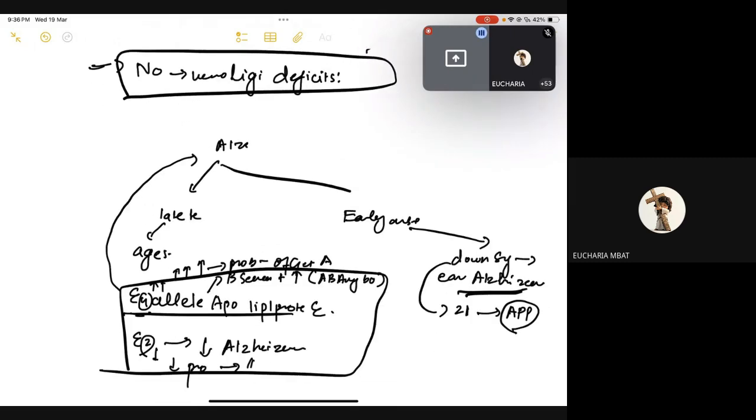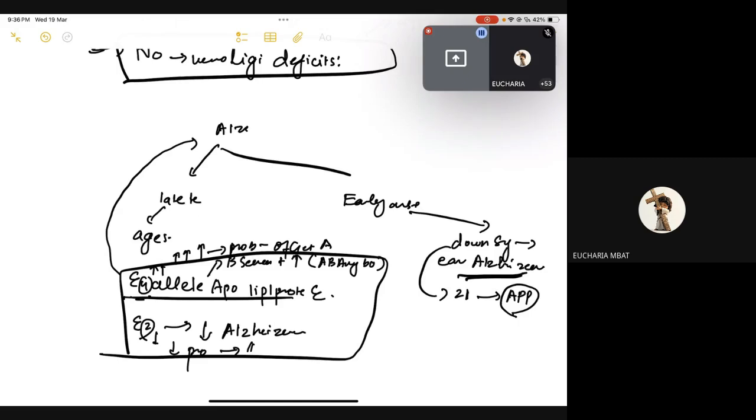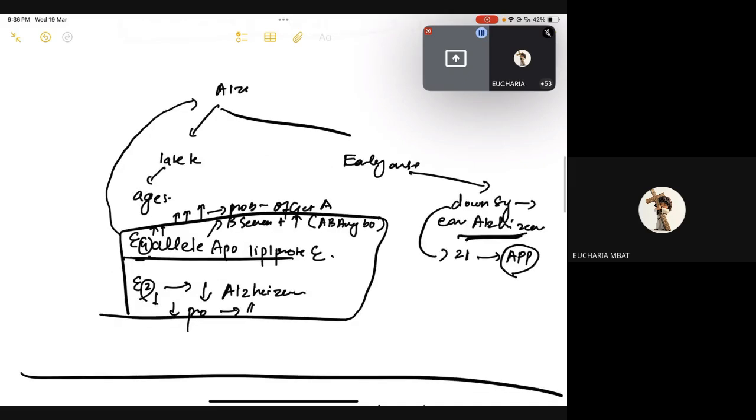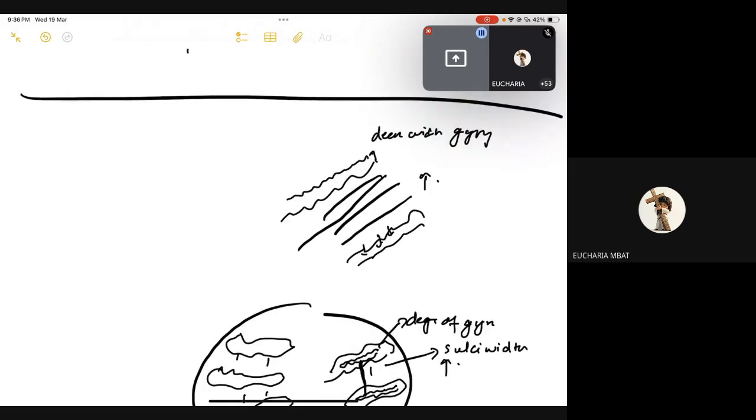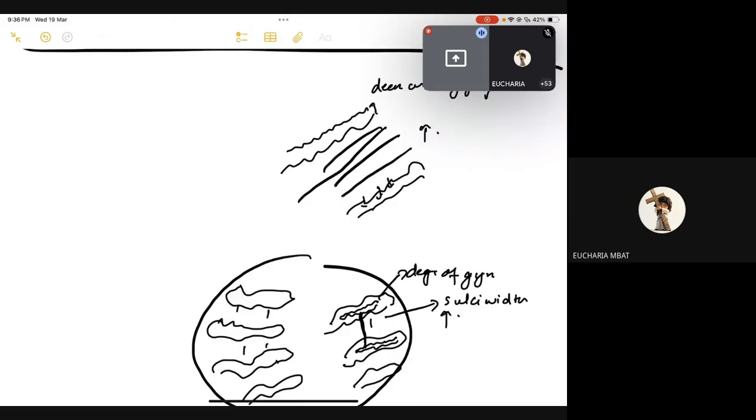The 4 increases the probability of getting Alzheimer's because in individuals with more expression of the E4 allele, it would increase the beta secretase activity, which would in turn lead to development of A beta amyloid. Similarly, we also discussed the association of early onset Alzheimer's and Down syndrome, the 21 chromosome, increasing APP formation, which can in turn lead to increased probability of Alzheimer's.